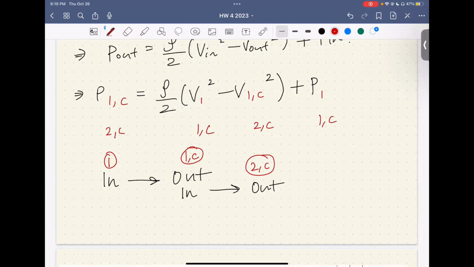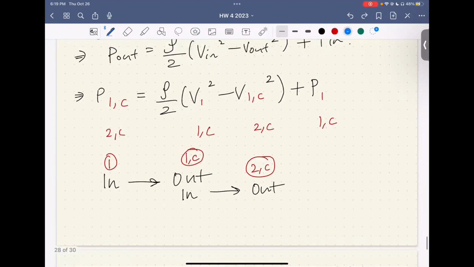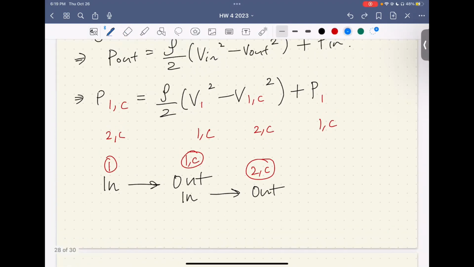But you would have to put in new values here and it would just make things a lot more calculated or complicated. So what we can do is when we write out this conservation of energy, instead we know that these two are equal to each other, right? So we can just use these two to make the relationship. That means when we write that out, it will look like this.